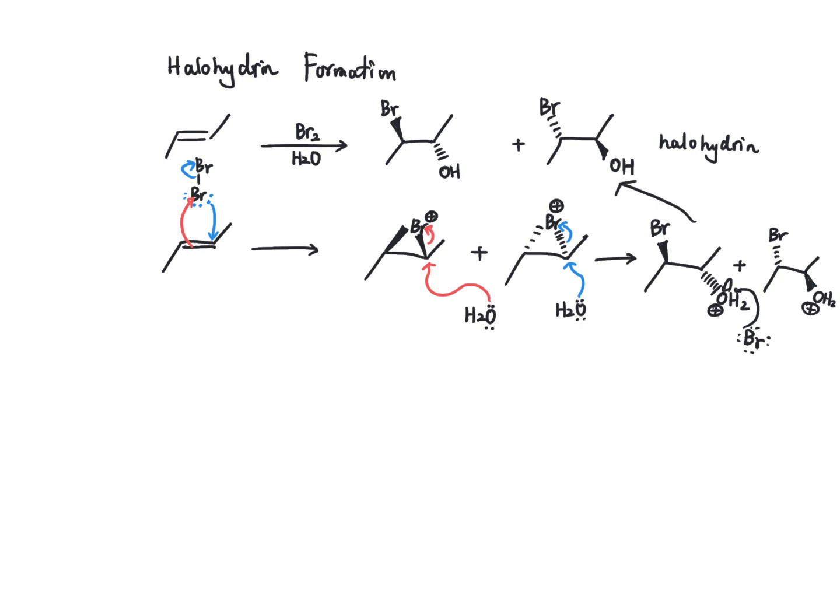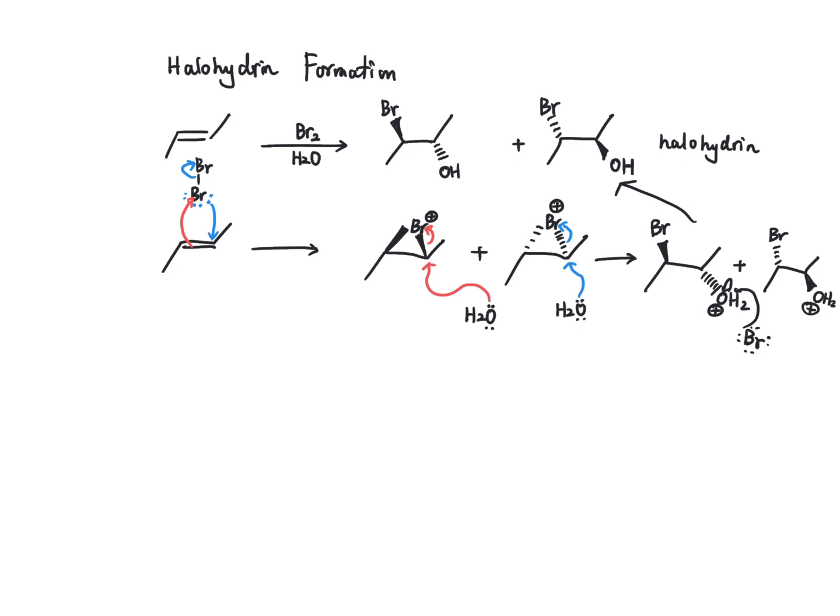So that is when you have hydrogen and also a solvent that can act as a nucleophile, then that solvent will undergo the SN2 reaction after the bromonium ion is formed.